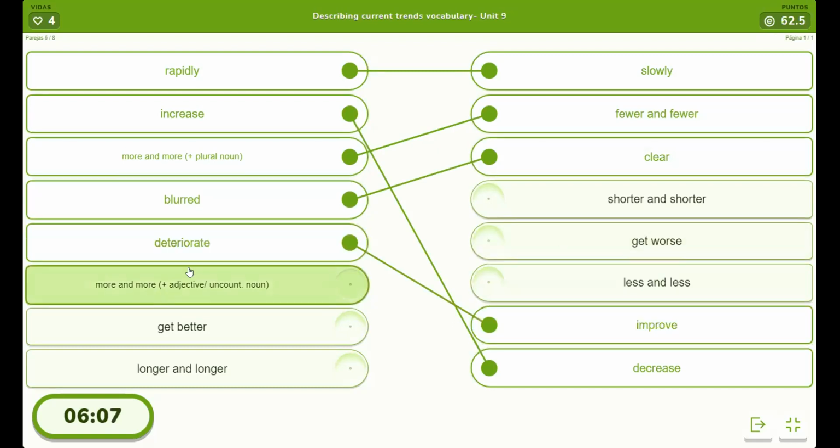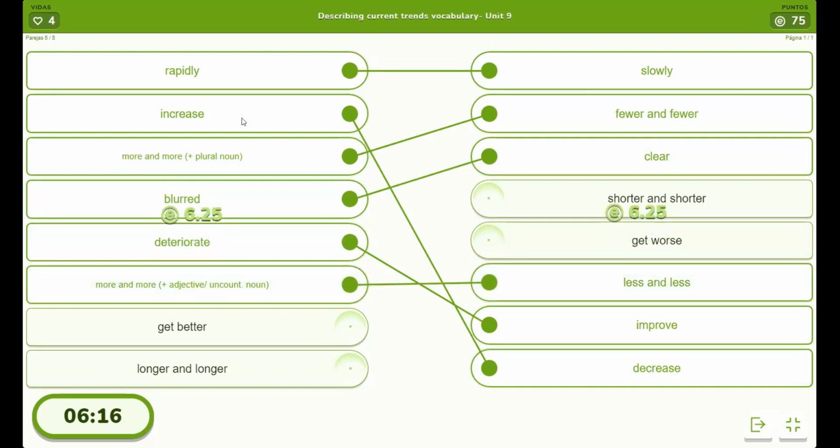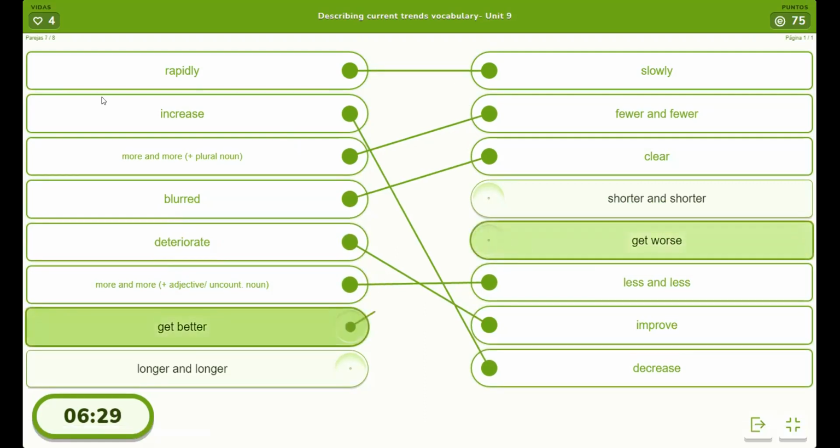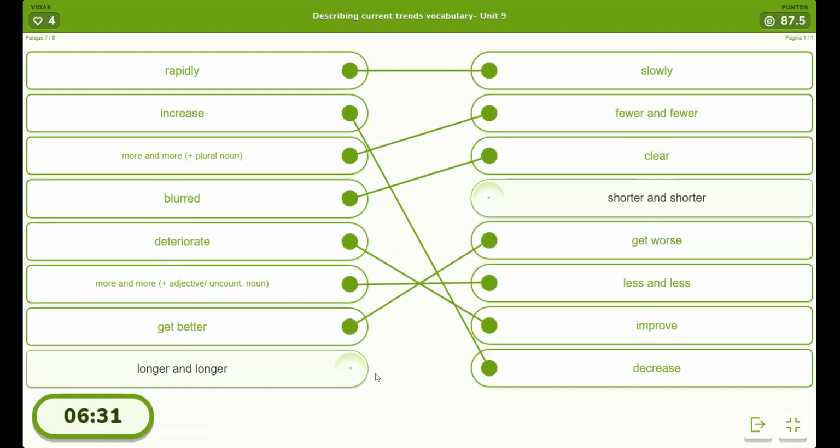More and more plus adjective or uncountable noun. Now we do say less and less. Okay, get better. What's the opposite of get better? Get worse. And the last one, longer and longer, we say shorter and shorter.